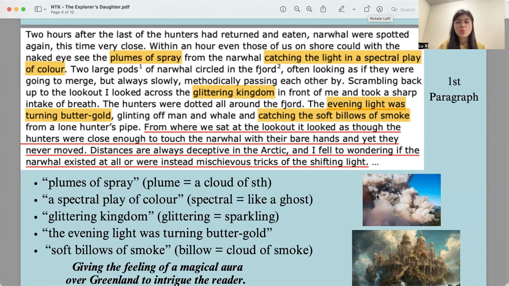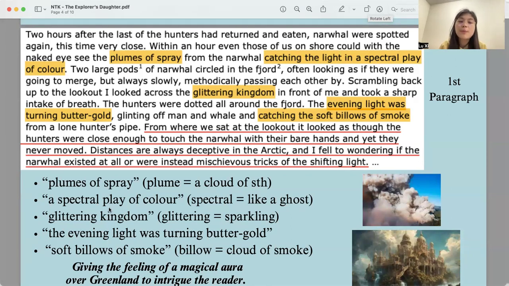So what can you feel? You feel very scared. You feel very creepy, right? So that's why you want to keep on reading the article, because you want to find out what's going to happen next. So, catching the light in a spectral play of color.